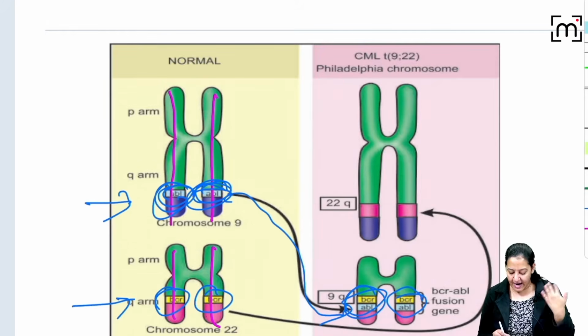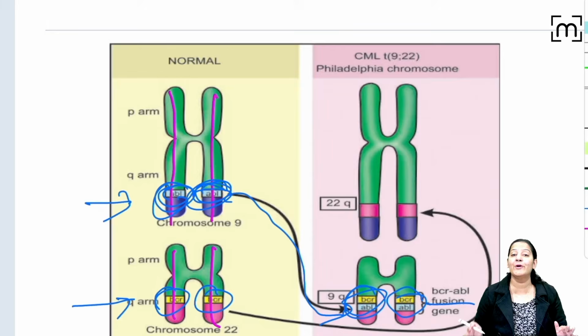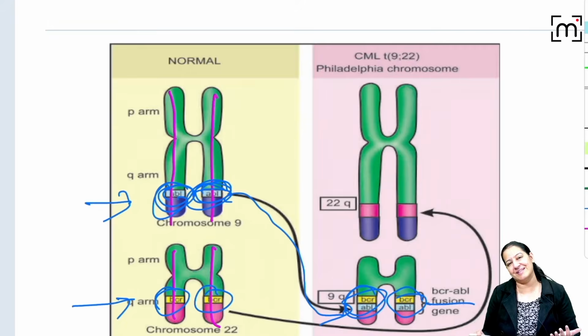Either you call it a fusion gene or a hybrid gene. That will cause abnormal tyrosine kinase activity, because of which there is uncontrolled mitosis in the cell, and that can result in leukemia. The blasts will undergo uncontrolled mitosis, so they will spill over into the blood, resulting in leukemia.